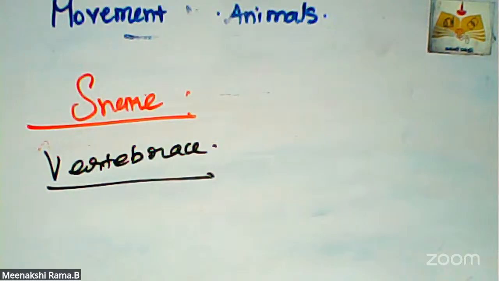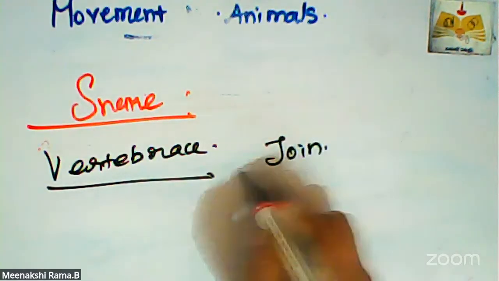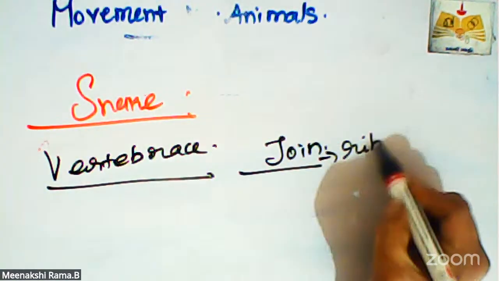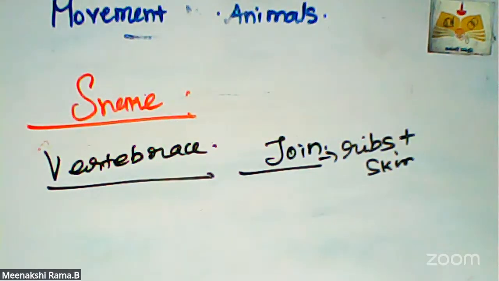The vertebrae are joined to ribs, skin, and interconnected with the slender body muscles. So the vertebrae are joined to the ribs and the skin. Okay. So they are interconnected with the slender body muscles also.